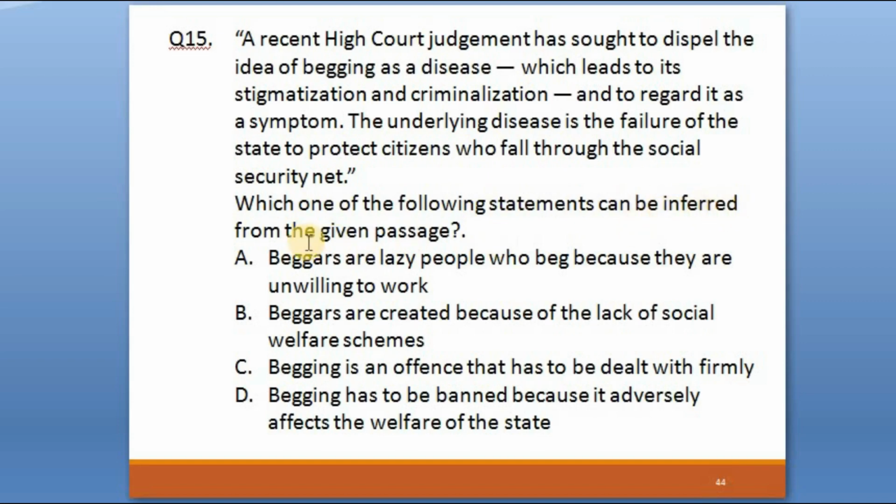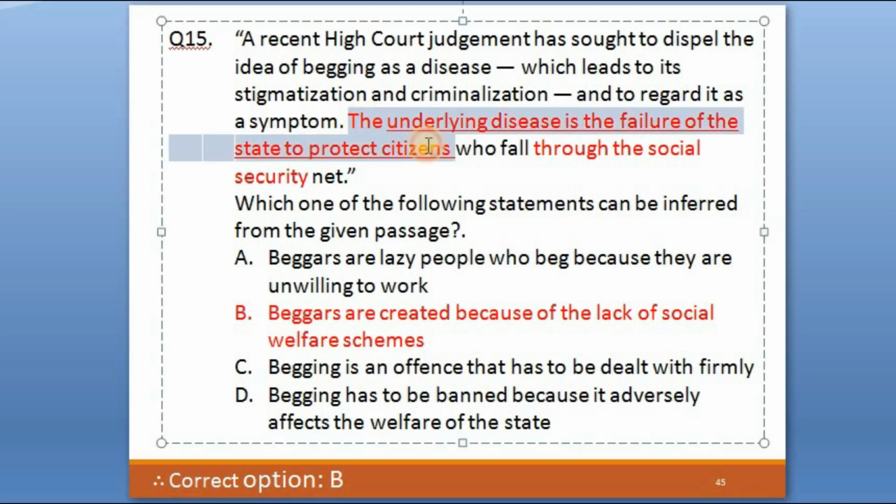So again, we do the breakout of the given statements. Now, in the given passage, if we thoroughly analyze it, we find out that the underlying disease is the failure of the state to protect citizens who fall through the social security net.